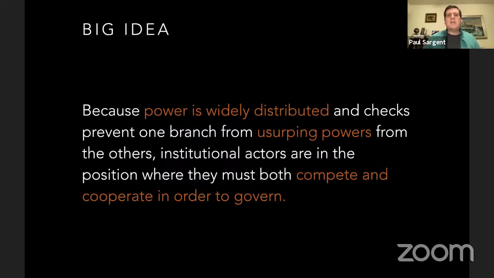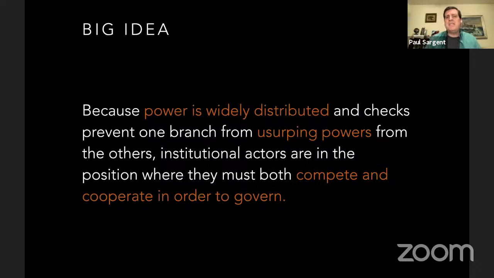We've talked about the last couple of nights the wide distribution of powers, the separation of powers in the Constitution, which laid out an executive branch, a legislative branch, and a judicial branch, all of which have their own parts of the system. The legislative branch makes the laws, the executive branch implements or carries out those laws, and the judicial branch is in charge of interpreting those laws.